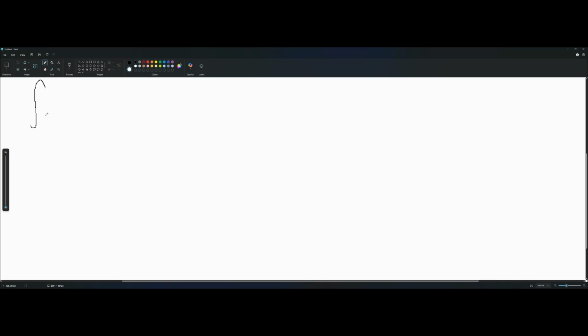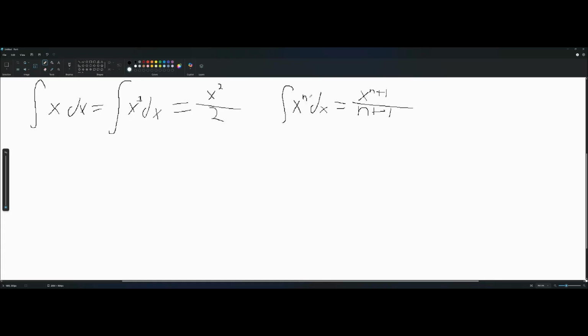So when we take the integral of, say, x, this is the integral of x to the first dx. What we do essentially is we add 1 to the power and then we divide by the new power. So for any integral of x to the n dx, we say that it is equal to x to the n plus 1 over n plus 1. And why does this work?